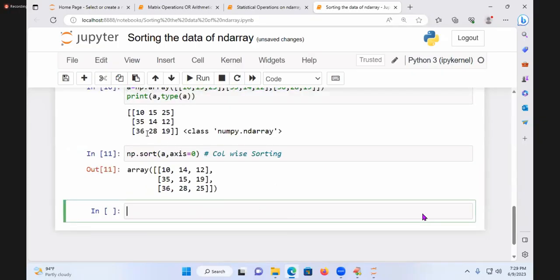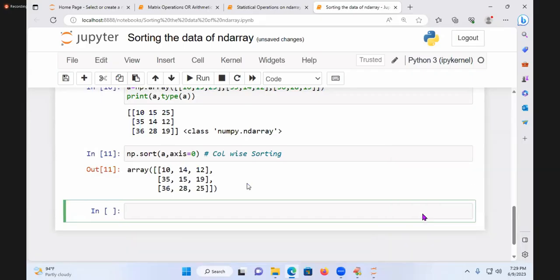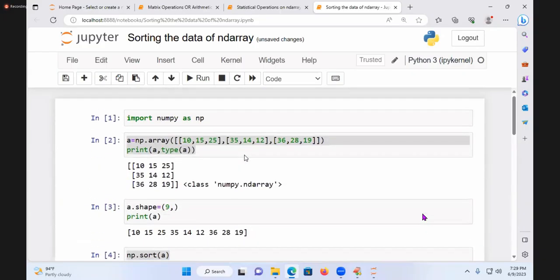See that column-wise sorting. Here 10, 35, 36. Now 15, 14, 28. Next 25, 12, 19. 12, 19, 25. Are you following? That's all. This is called the sort function. Okay now? Clear?